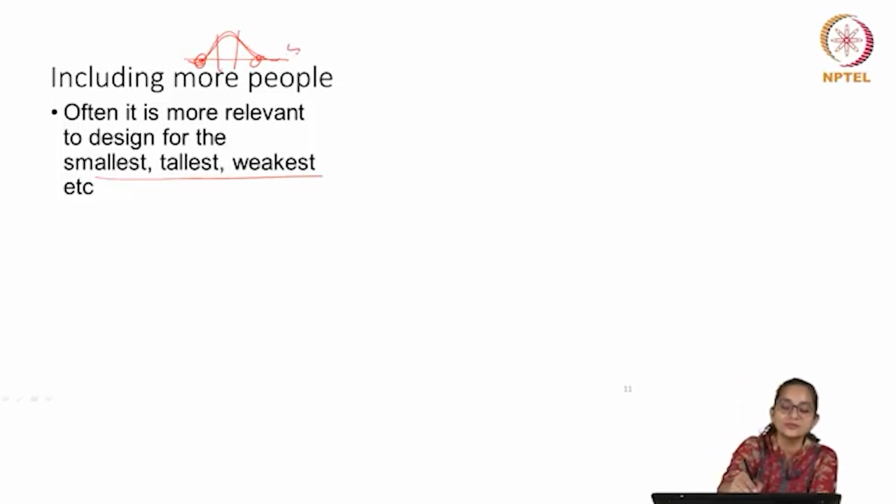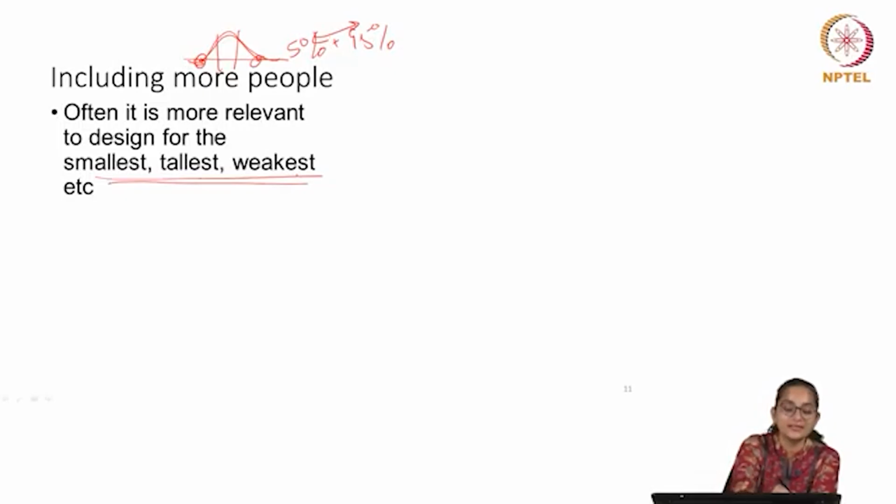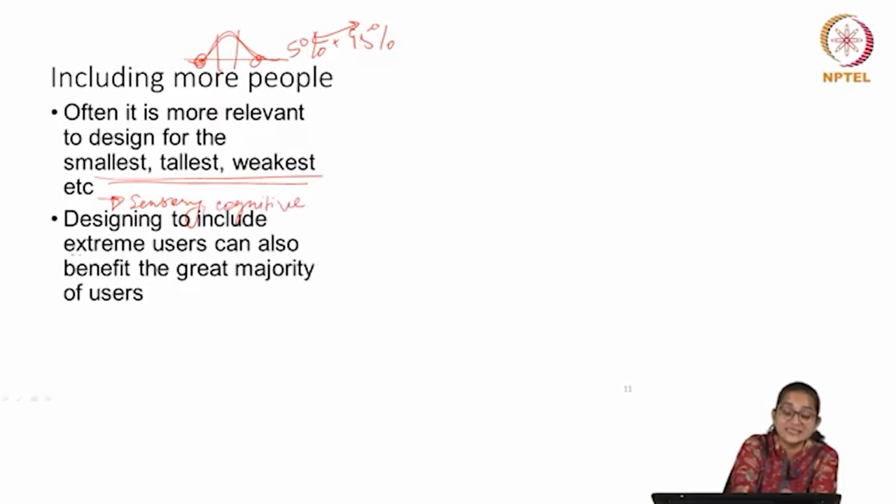If you are able to serve 5th percentile or 95th percentile people, the average people, the 50th percentile, automatically gets access. And this can be directly extended to other sensory disabilities or sensory hindrances or cognitive hindrances as well. So designing to include extreme users can benefit the great majority of users.